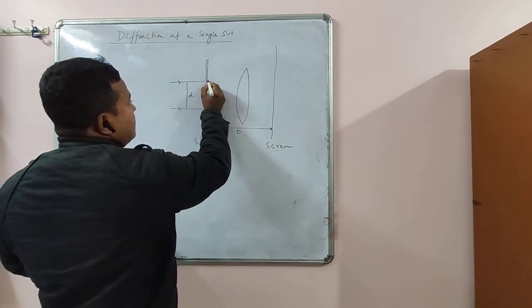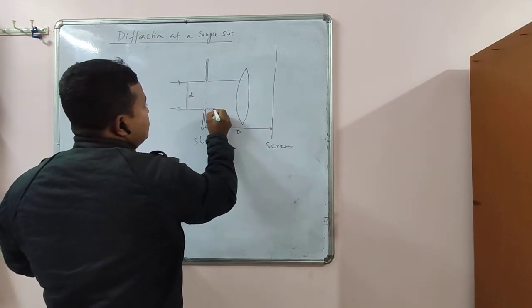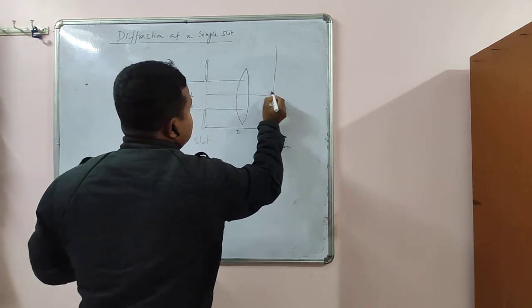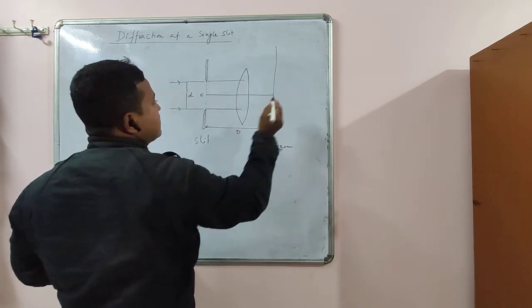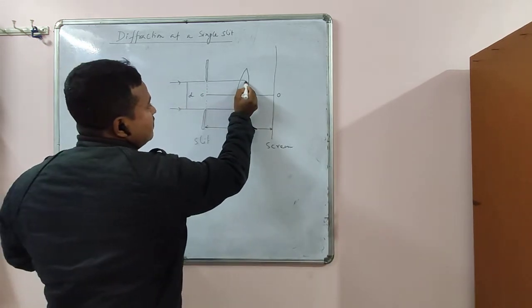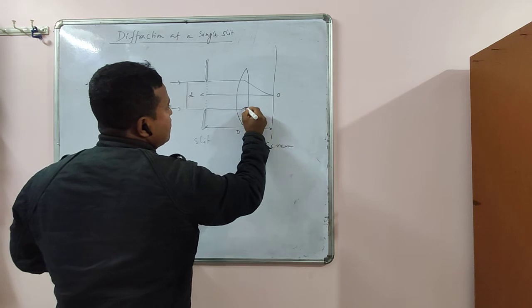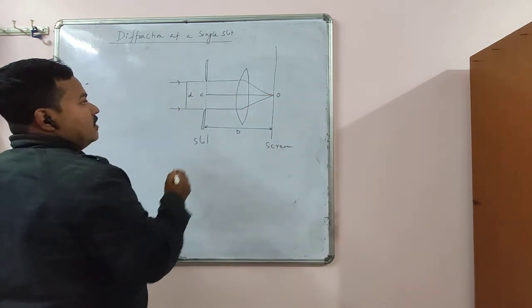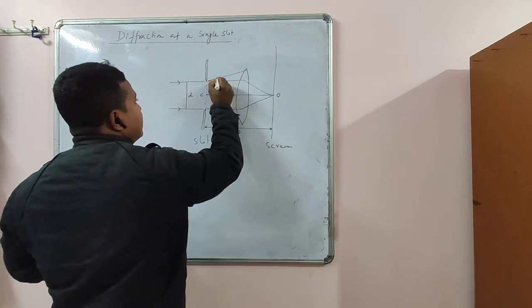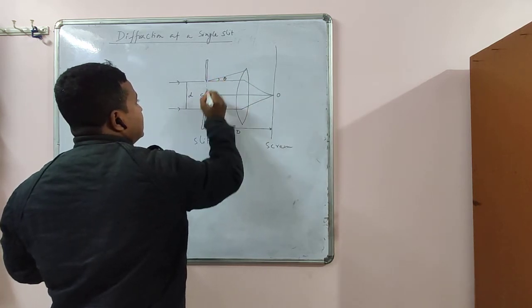Now here, the light that moves straight through the center of the slit meets at the point O. And you consider a diffracted beam. Suppose it diffracts at angle theta, bends at angle theta.